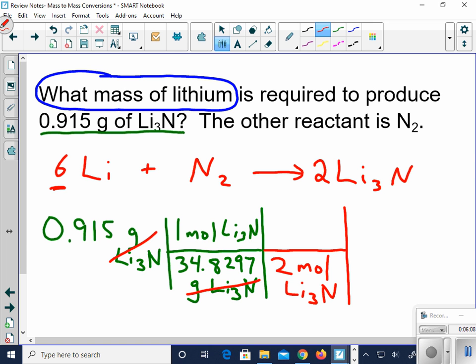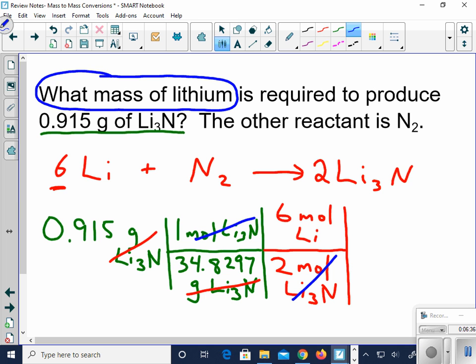What am I trying to find? Lithium. So I'm going to put 6 mole of lithium. My labels cancel right there. So now I've converted this into what? Moles of lithium, right?